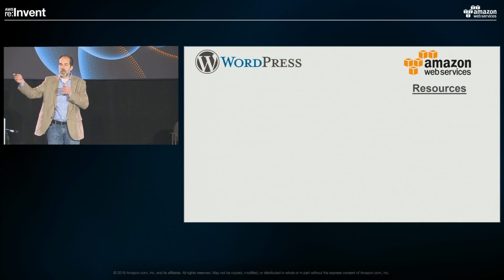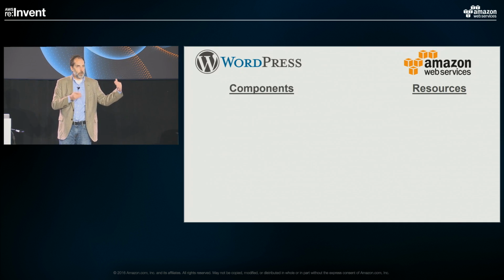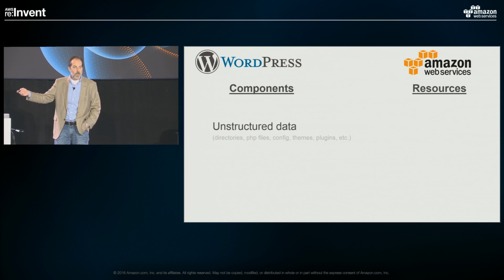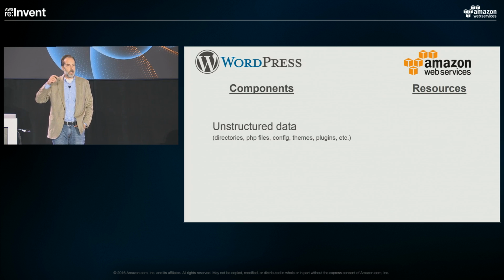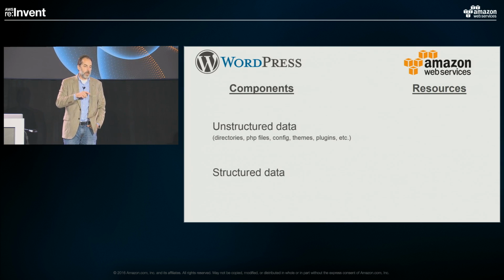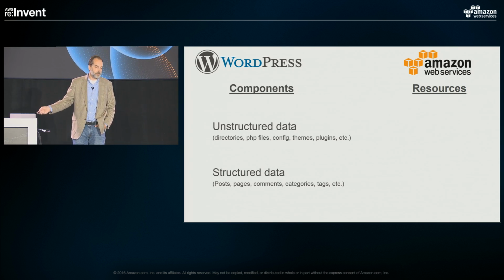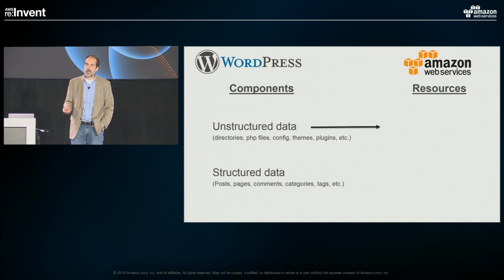We want to do a comparison between resources and components of WordPress, how they map. If we take a look at this, we want all that unstructured data in components, and we also want the structured data under the components of WordPress. Where is that going to be stored in AWS? The unstructured data is going to be in EFS.